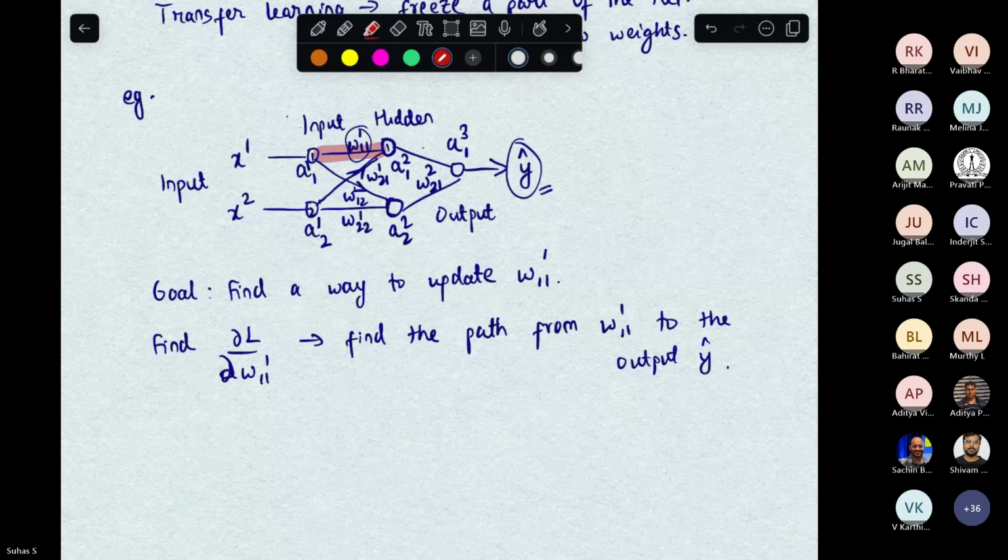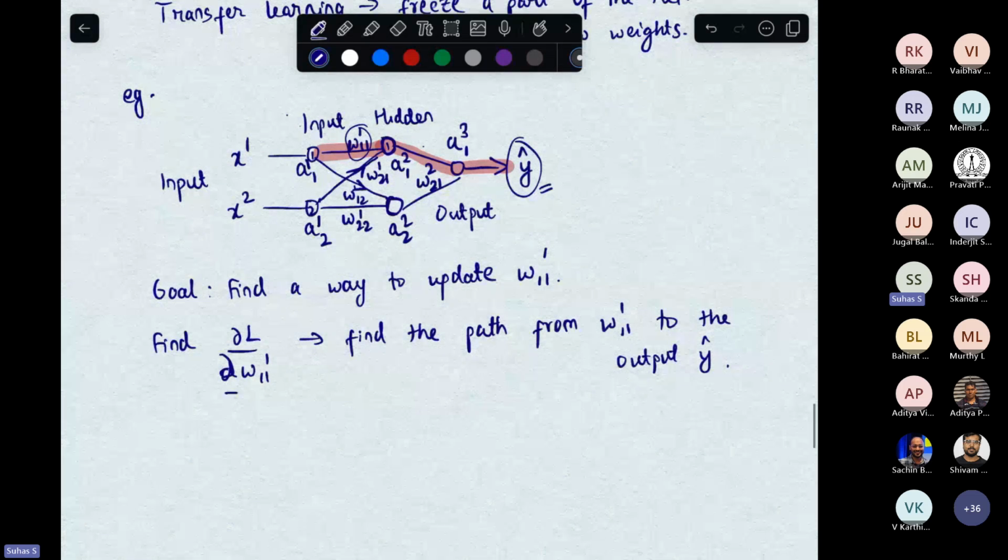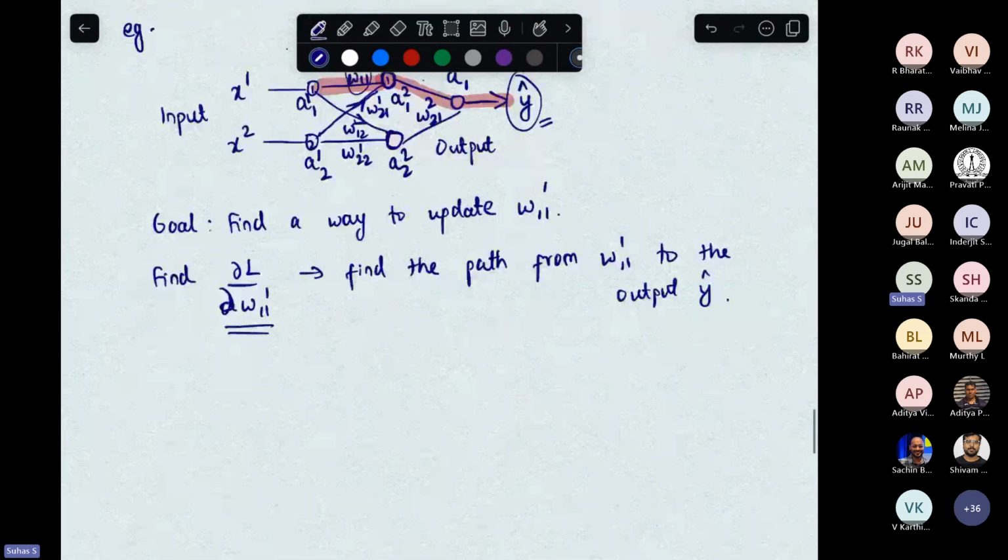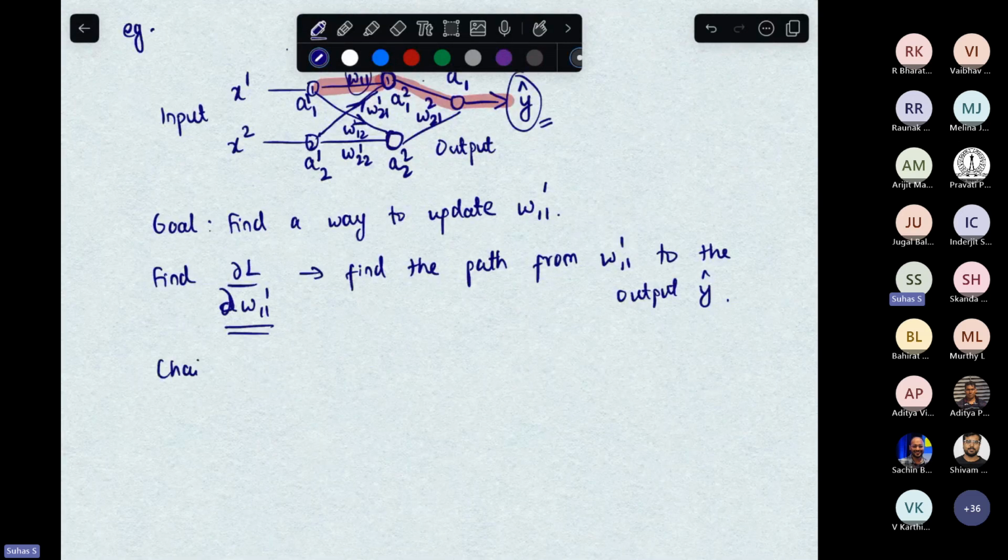So this is W11. So here is W11. It goes like this to the output. Okay. So this is the path taking you from a weight to the output. And what we need to find is this derivative of L, which is the loss function, with respect to W11.